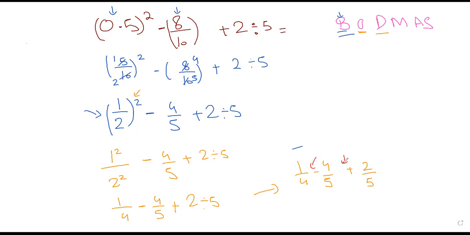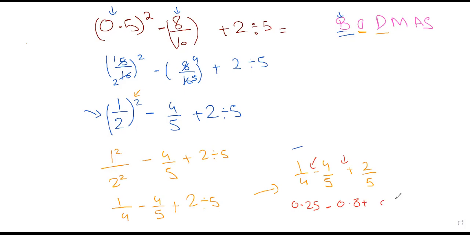Add. Okay, so for this, either you can convert all these to decimals. What will we get for 1 by 4? 0.25. And for 4 by 5? 0.8. Plus 2 by 5? 0.4.